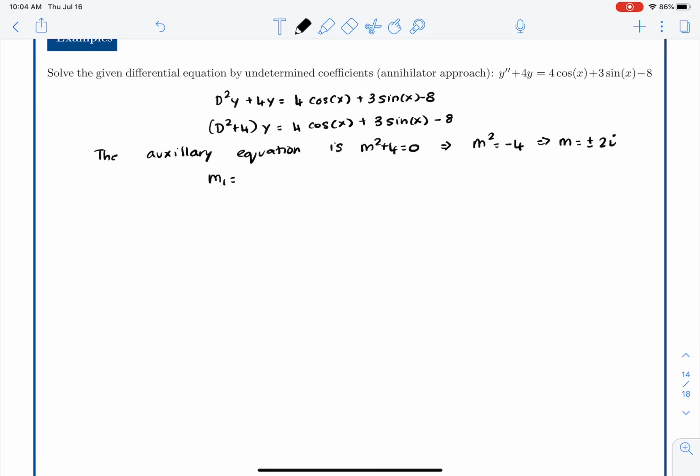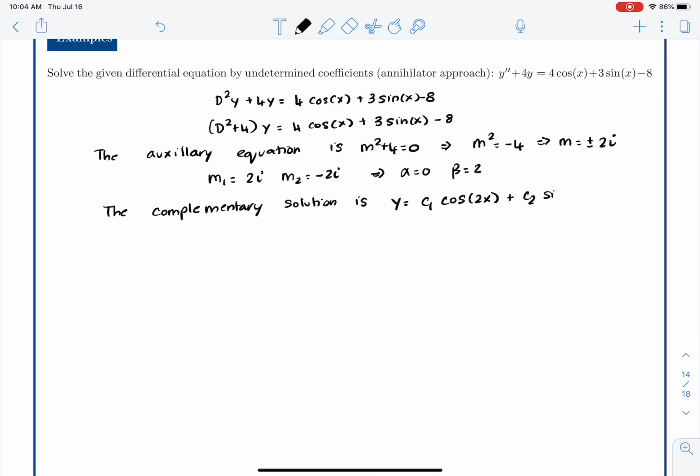So root 1 is 2i, root 2 is minus 2i, so alpha is 0, beta is 2. The complementary solution is y equals c1 cosine 2x plus c2 sine 2x.